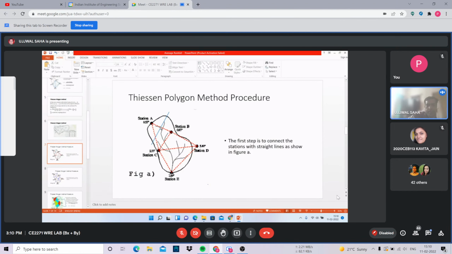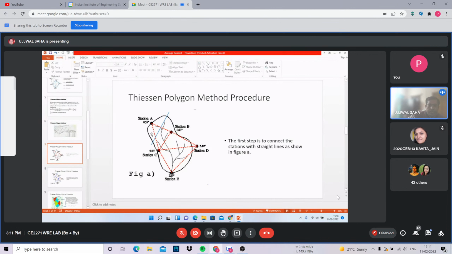Because this is the middle point here. All the points on the left side of this line will be closer to station A, and all the points on the right side will be closer to station B. So this perpendicular bisector is differentiating which area by distance will be closer to station A compared to station B.